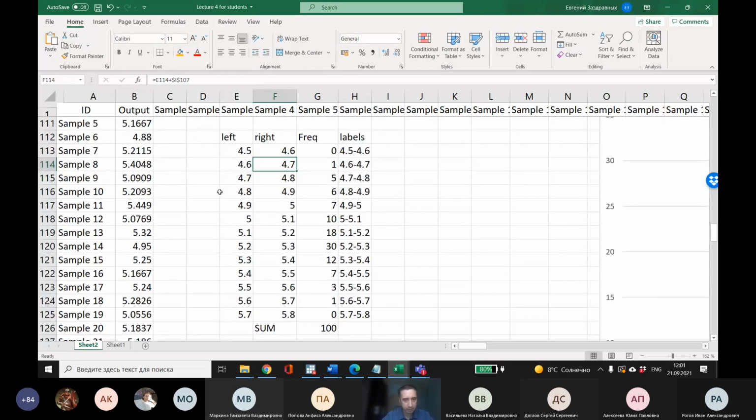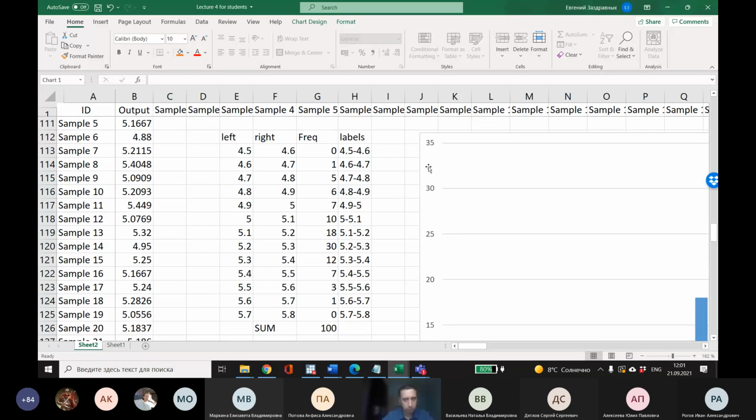Please create left and right columns. Type plus if you are ready. Or say something if you need help. 4.5, 4.6.